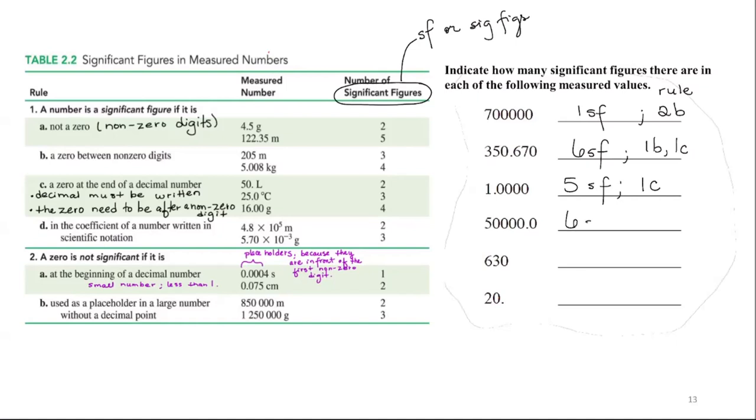Excellent. This has 6 sig figs, and again, rule 1C. What about the fifth digit? Excellent job. There's 2 sig figs here. The rule that tells me that this is 2 sig figs is going to be rule 2B.